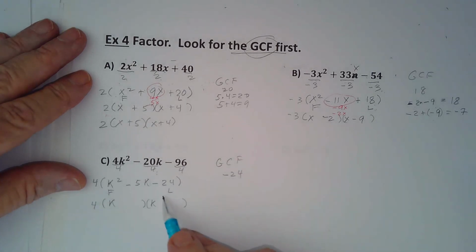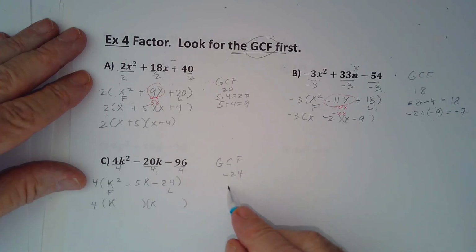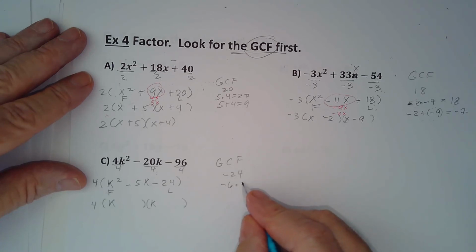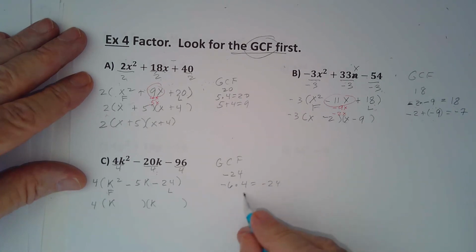So let's see, negative 6 times positive 4 is negative 24. Negative 6 and 4, though, add to negative 2. That doesn't help us.